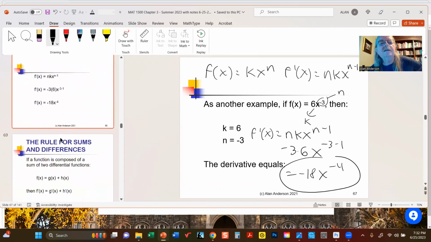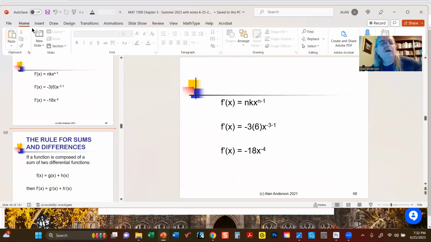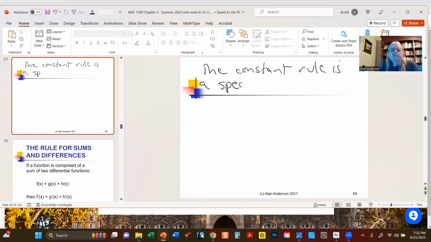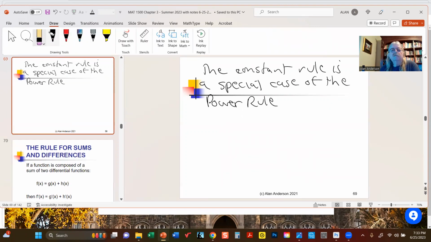Okay, in other words, it doesn't need to be a separate constant rule, because, let's see why. Here's why.